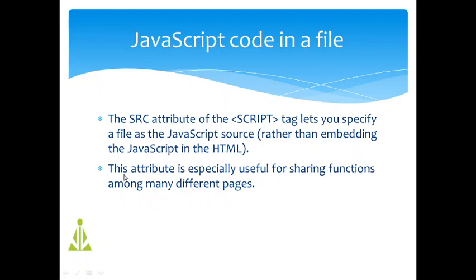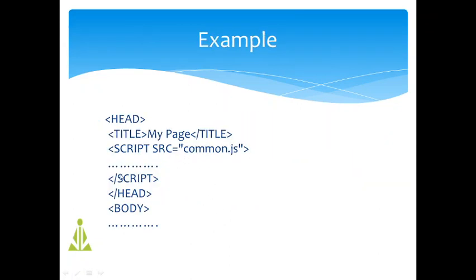The attribute is especially useful for sharing functions among many different pages. If you take it outside the HTML, the same file can be used in multiple places or multiple files. Here I am showing you an example, practice this.